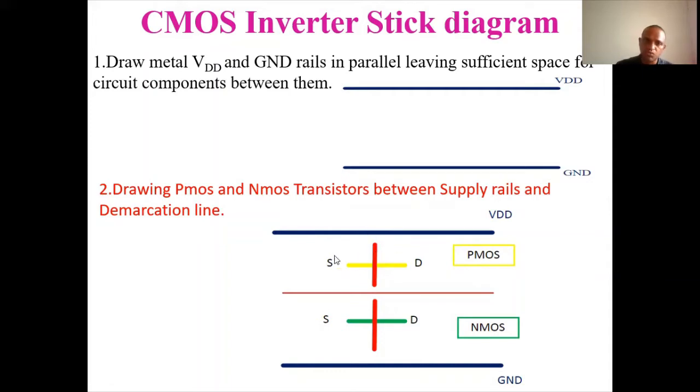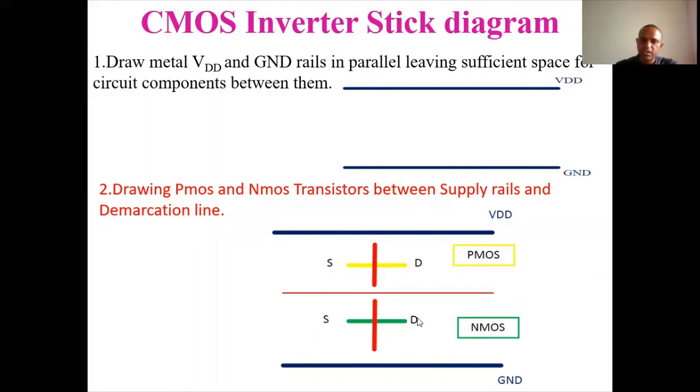So this forms a PMOS transistor. At the same time, if you observe, this green color stick represents the N diffusion, and it is crossed with the red polysilicon, so there will be the formation of an NMOS transistor. Again, the NMOS transistor consists of 3 terminals, that is gate, source and drain.